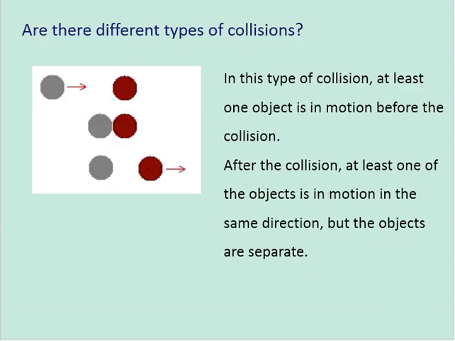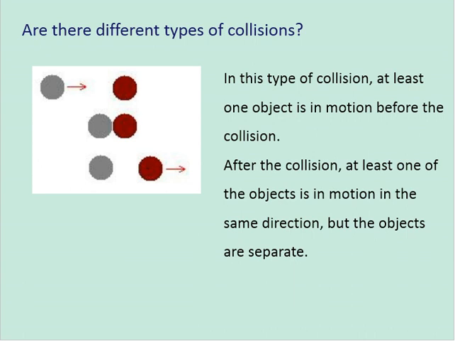What type of collisions are we going to look at? Well, the first type of collision we're going to look at is one in which one or more of the objects are in motion before the collision. They collide. The objects stay separate as objects after the collision, but they move off in the same direction as either one or both of the objects prior to the collision.